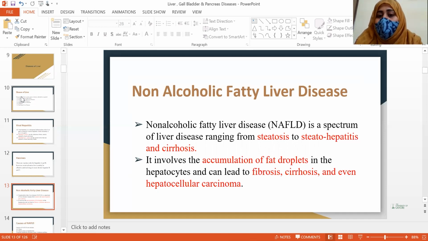Steatohepatitis is a type of fatty liver disease characterized by inflammation of the liver with concurrent fat accumulation in the liver. And cirrhosis is basically end-stage liver disease in which all parts of the liver are failing or damaged. It involves the accumulation of fat droplets in the hepatocytes and can lead to fibrosis, cirrhosis, and even hepatocellular carcinoma.